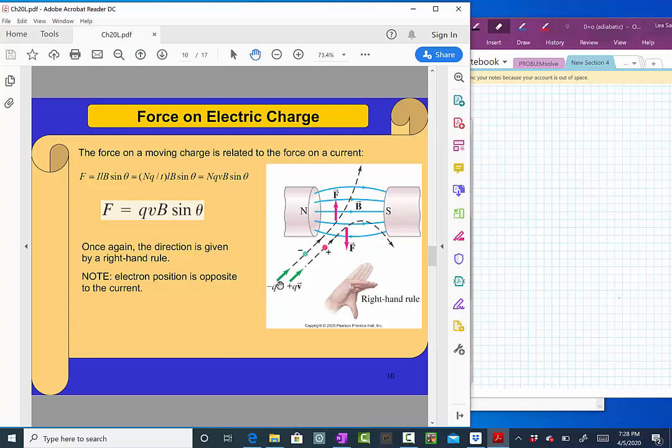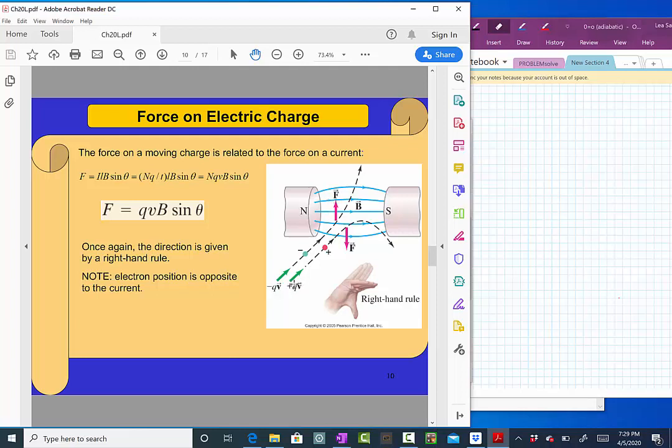Well, you follow the same rule, but remember that the direction of current is the direction of positive charge. So once you get to the force, in our case pointing down, you think, oh no, I was playing with a negative charge, so everything is opposite. You just have to flip the direction, and the force will be pointing up.